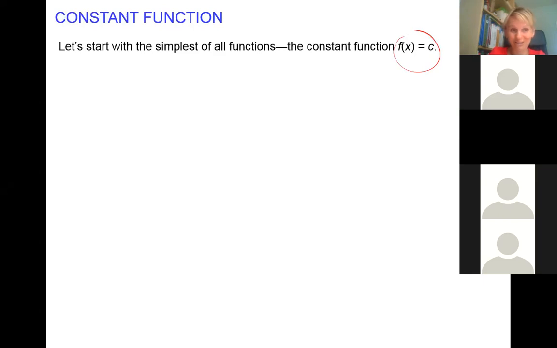Yes, Bradley, yes, 0. But can somebody tell me why it is 0? Any reason, any justification? Of course, the constant function has a derivative 0. But can somebody tell me why?